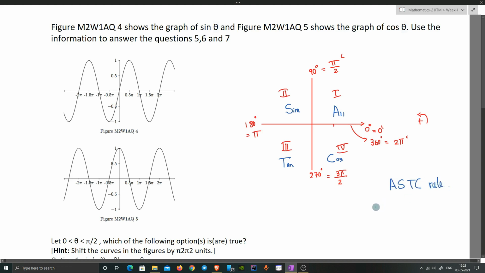Okay, so let's say, and also we have to know the concept of complementary functions, right?